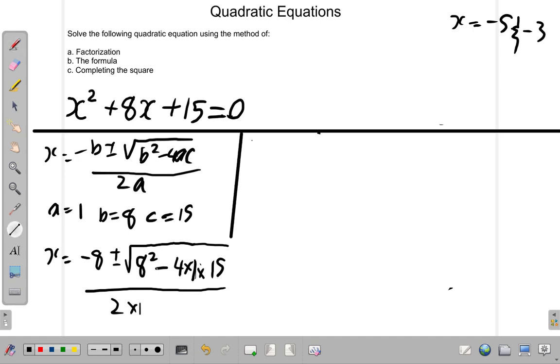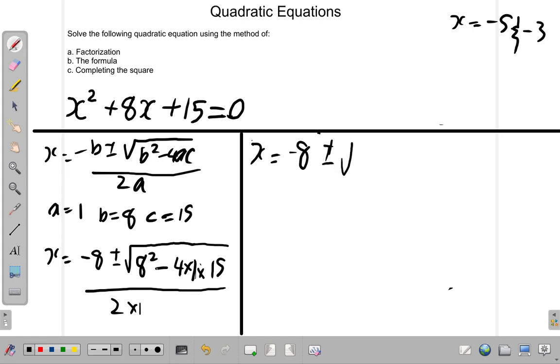Let's put a line here and work on the right hand side of our board. X equals negative 8 plus or minus the square root of 8 squared is 64 minus 4 times 1 is 4. 15 by 4 is 60. All over 2 times 1, which is 2.